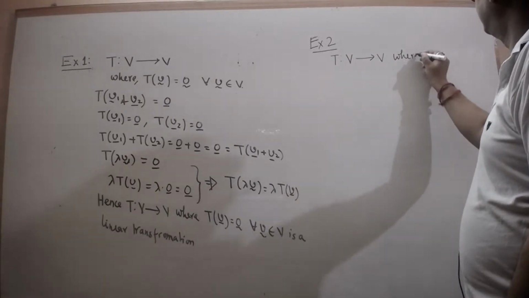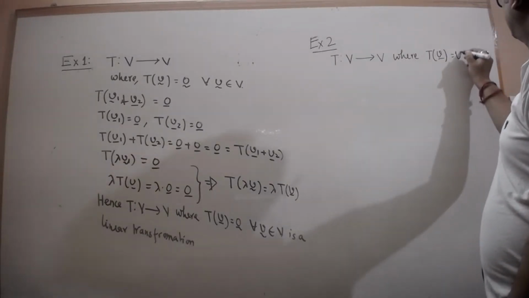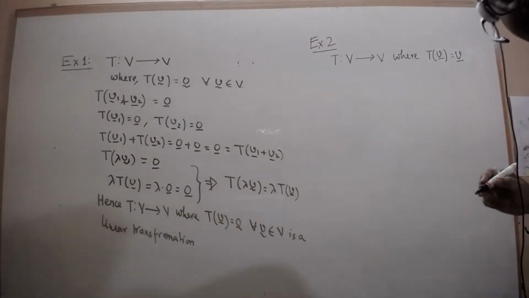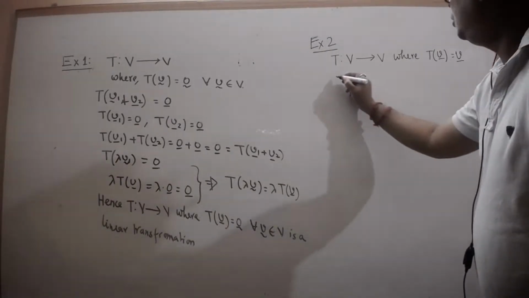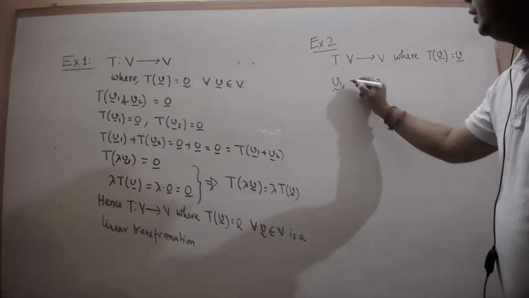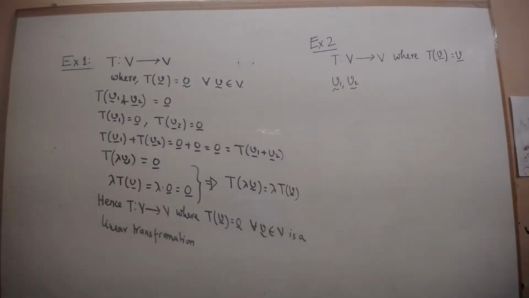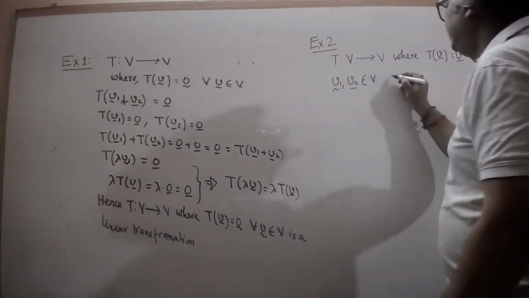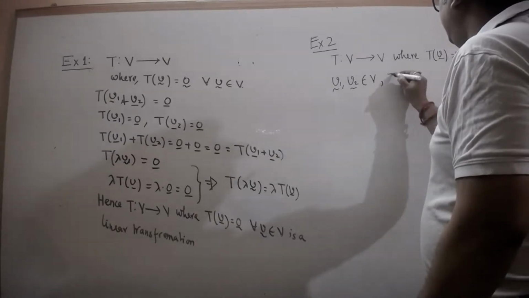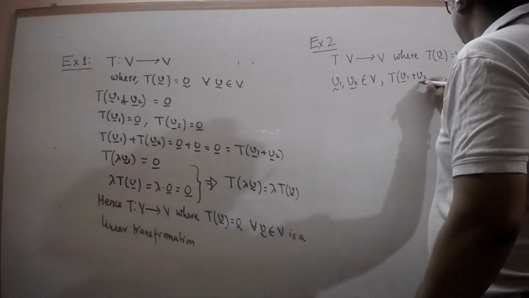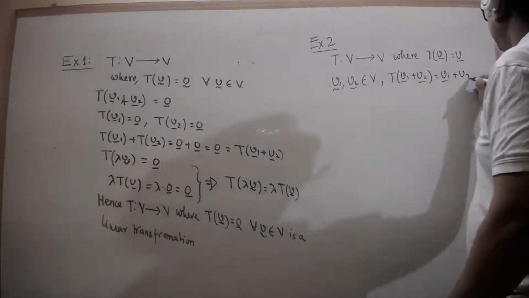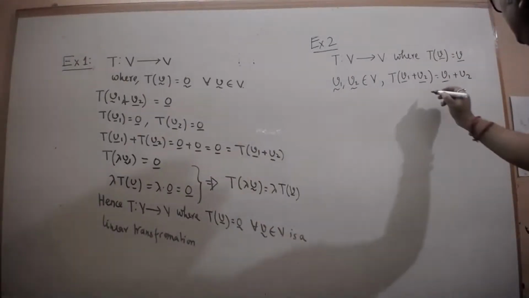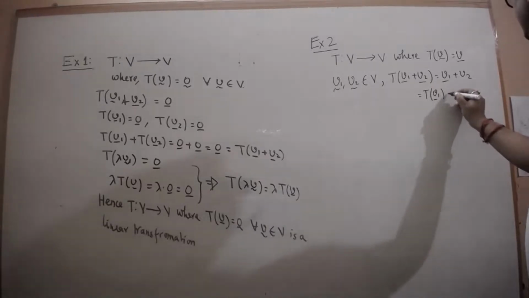Where, okay, so take two vectors v1, v2 belonging to V. Then T(v1 curve plus v2 curve) gives v1 curve plus v2 curve, which is equal to T(v1 curve) plus T(v2 curve).